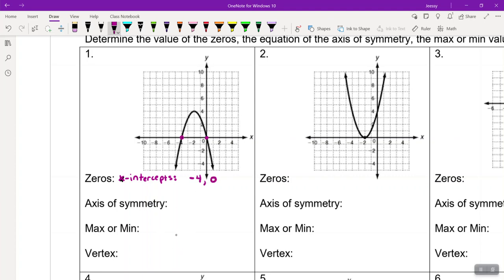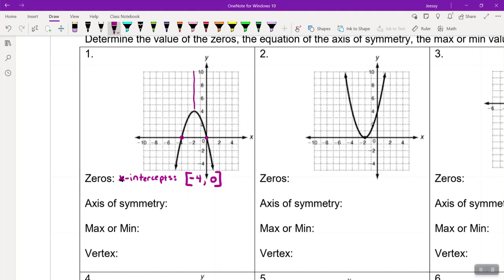Okay, no parentheses because I'm not trying to imply that this is an ordered pair. In fact, I can put them in brackets. It's -4 and 0.